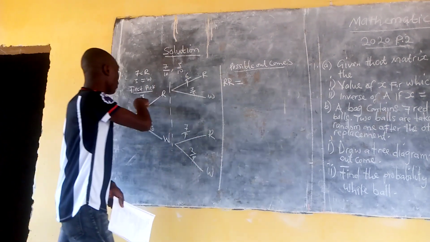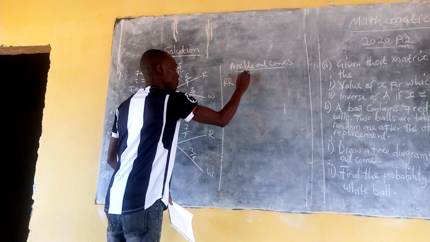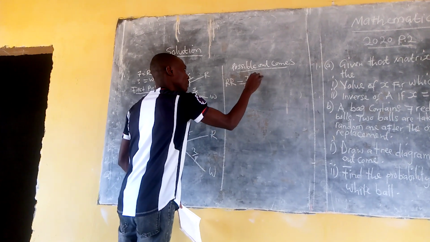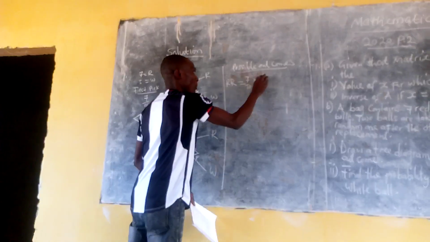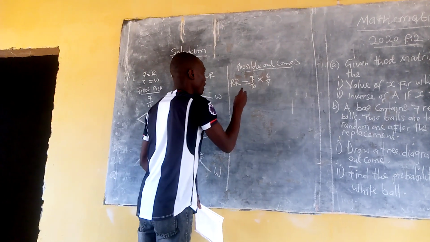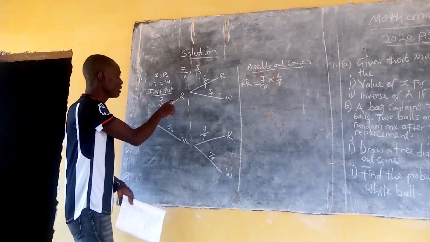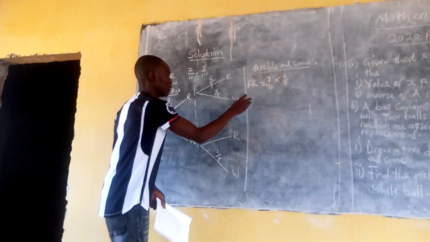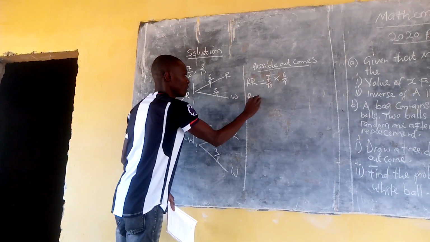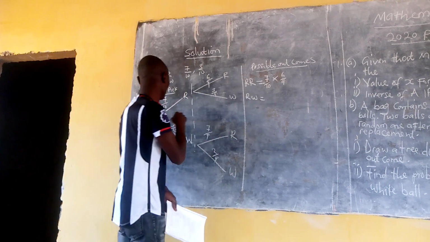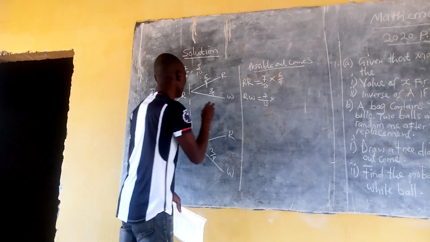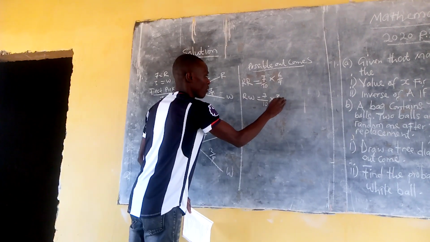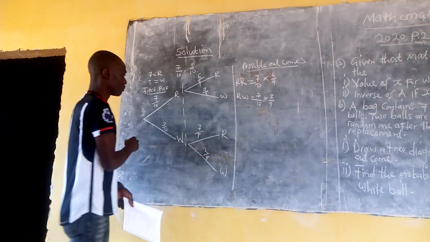And the ratios will be 7 over 10 times 6 over 9. The next one will be red, white, which is 7 over 10 times 3 over 9. The third one will be this one.